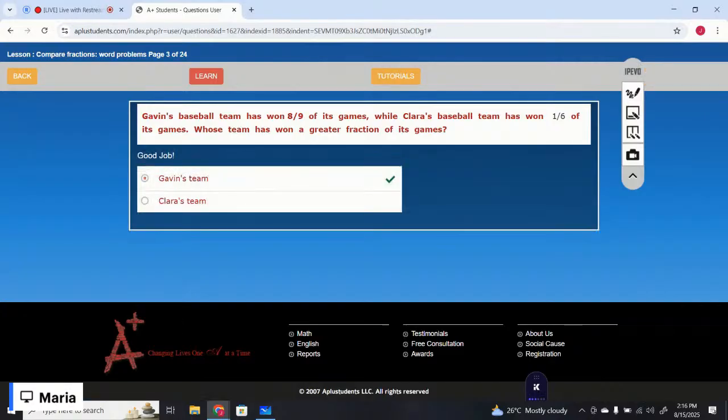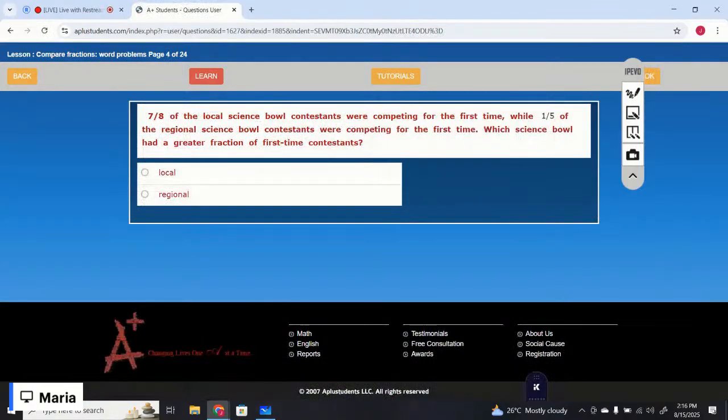Option number 1 is the correct option. 7 by 8 of the local science bowl contestants were competing for the first time, while 1/5 of the regional science bowl contestants were competing for the first time.